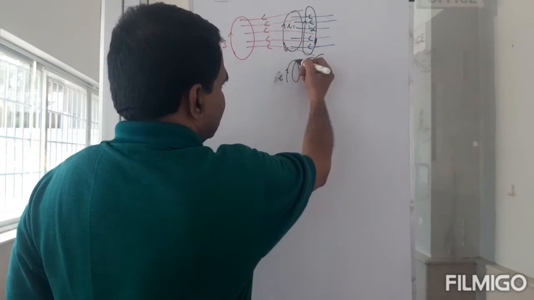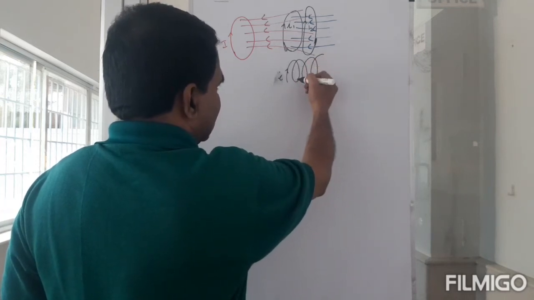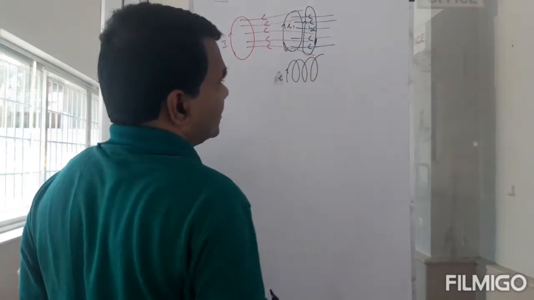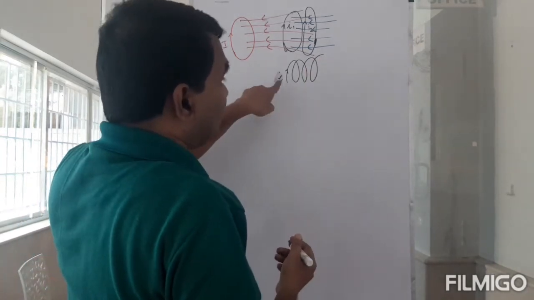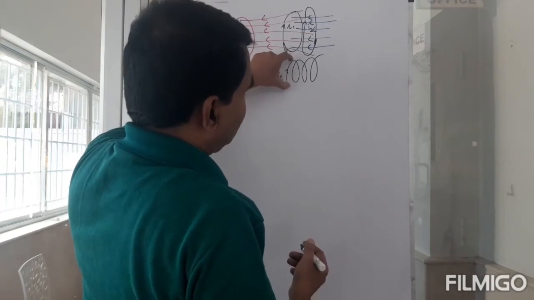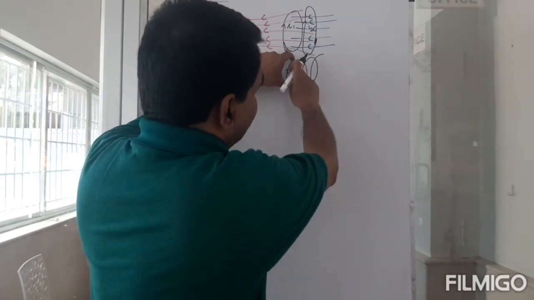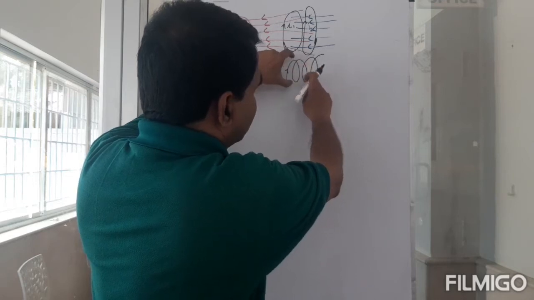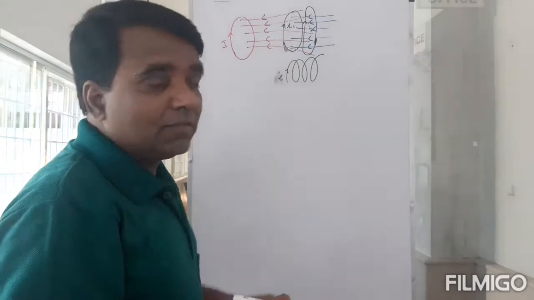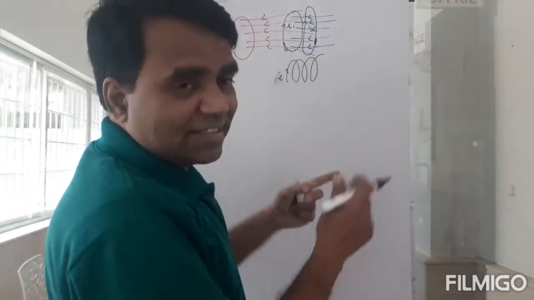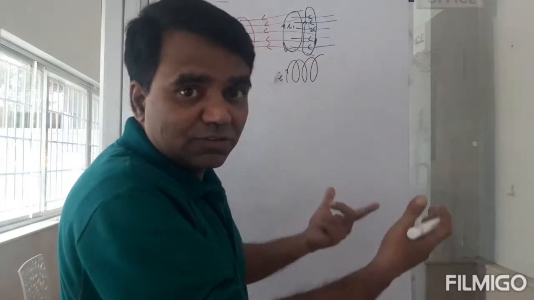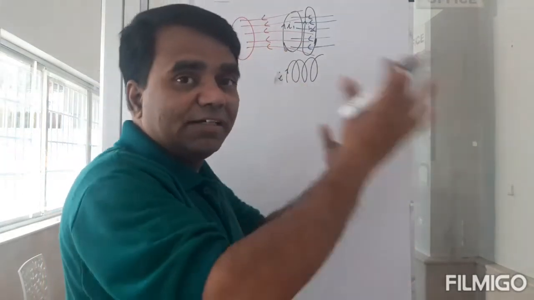You notice that this loop will produce a magnetic field, and this loop also will produce a magnetic field, and this loop also. And if I varies, take this loop for example. This will be affected by the magnetic field from this loop and this loop and this loop. Because the current is varying, it's the same current, but the current is varying in all these loops, then one would be affected by the other.